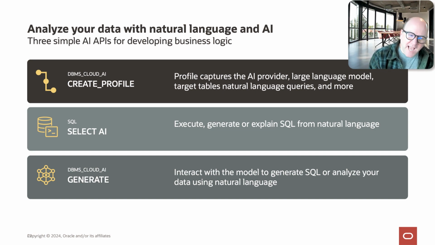And the third, which is actually what we're going to be using for our application code, because when you're developing your business logic using scripting, you're going to want to use the database scripting. So we have a generate function, and that's going to interact with the model. It's going to generate SQL. You can use it to just chat with the data, and we use that for generating, let's say, those marketing campaigns and whatnot.